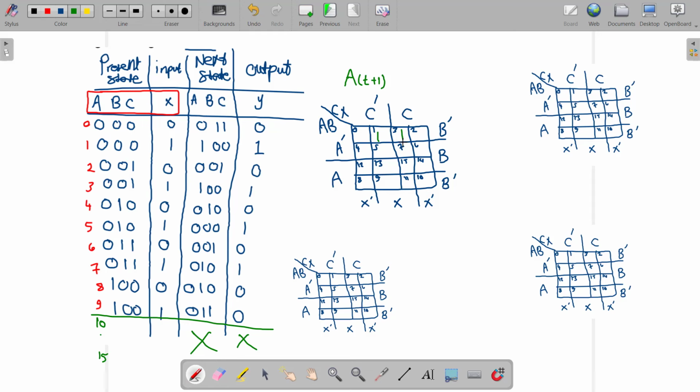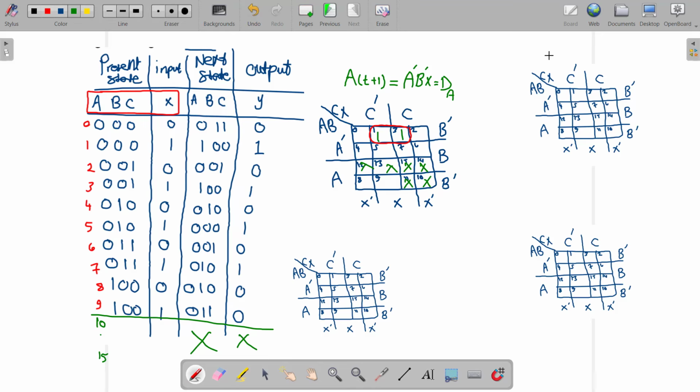So here we have 1, 1. So 10, 11, 12, 13, 14, and 15 are the don't care. So we can say that using these two ones, we can make a group. So A(t+1) will be equal to A prime B prime X, which is equal to DA.